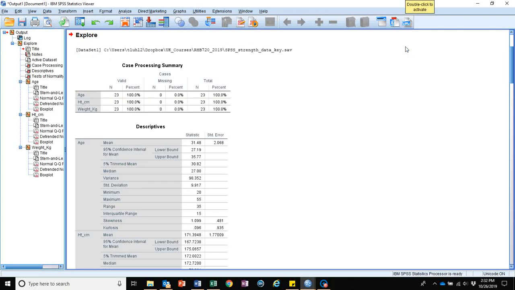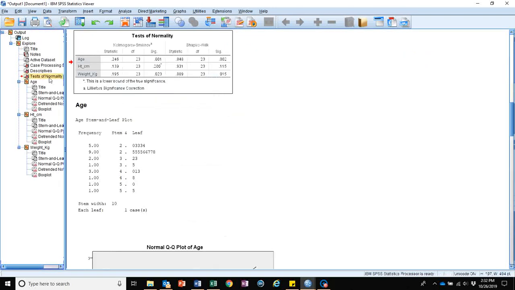Looking at my test for normality, age is not normally distributed and weight is not normally distributed based on this small sample. So I'm probably going to bias my interpretation of my results toward the non-parametric analysis.